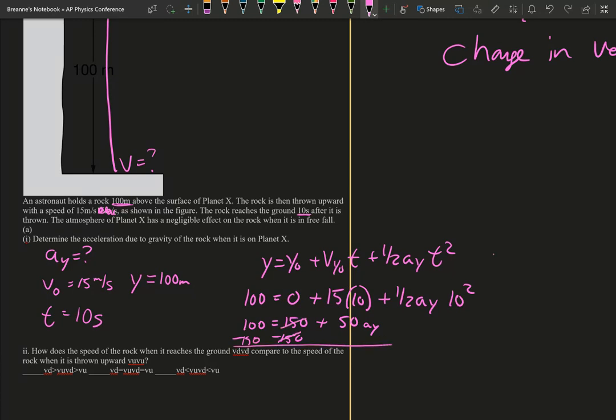So we're left with negative 50 equals 50 a_y. Did I do that right?